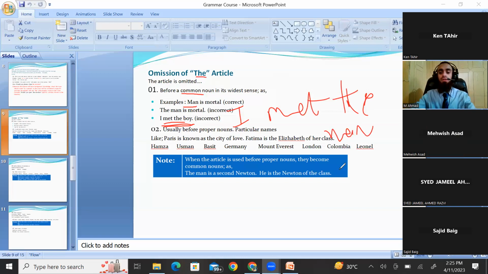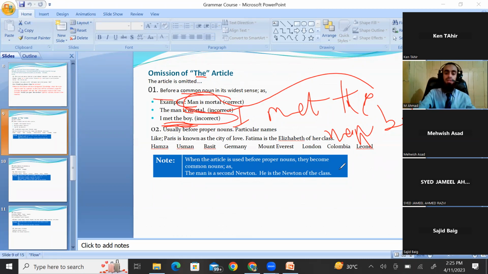I met the man, this is right, and I met the boy. Both are right. But if you say man is mortal, the meaning is different, and here we cannot use the before man.